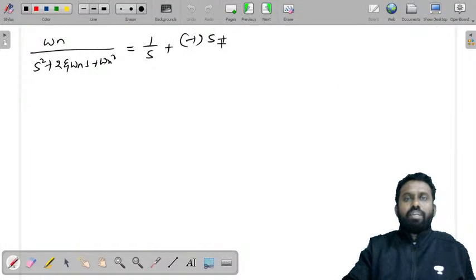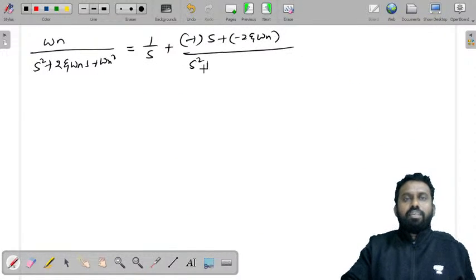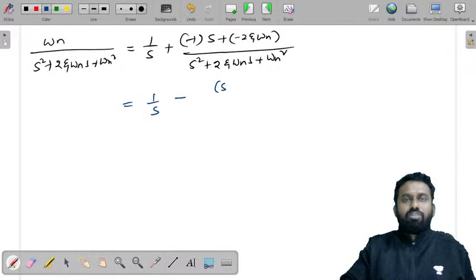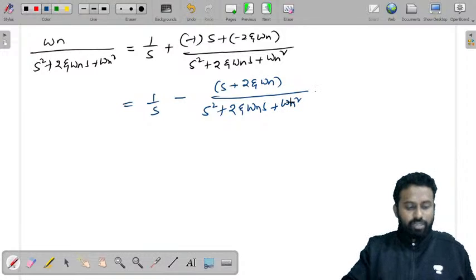Minus 2 zeta omega n, by s square plus 2 zeta omega n s plus omega n square. Now if you write this, this is 1 by s minus, if you just take common, (s plus 2 zeta omega n) by s square plus 2 zeta omega n s plus omega n square.